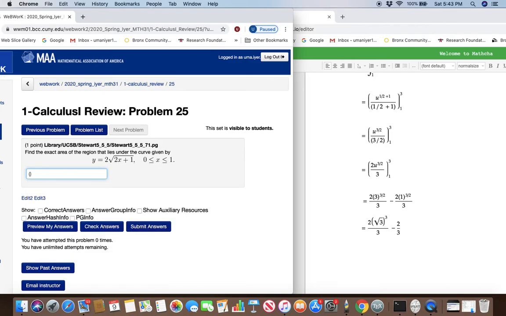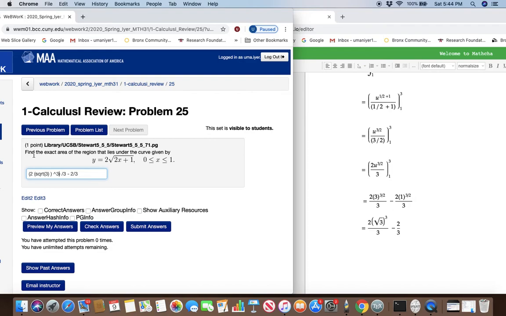There is a numerator over 3 minus 2 over 3. This numerator is 2 square root 3 power 3. All of that is inside the big parenthesis.